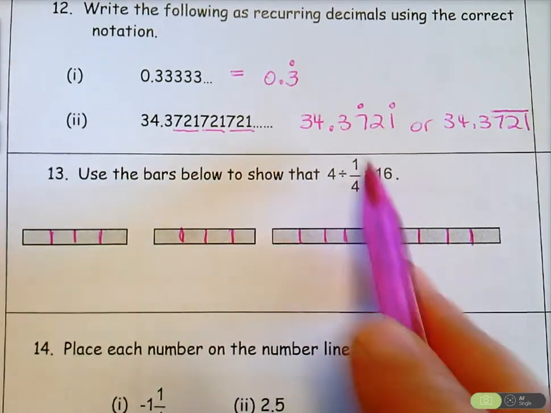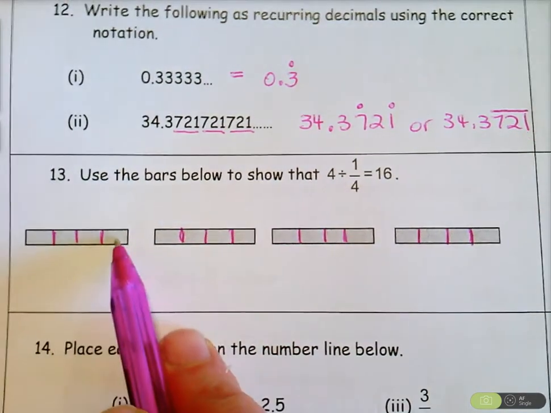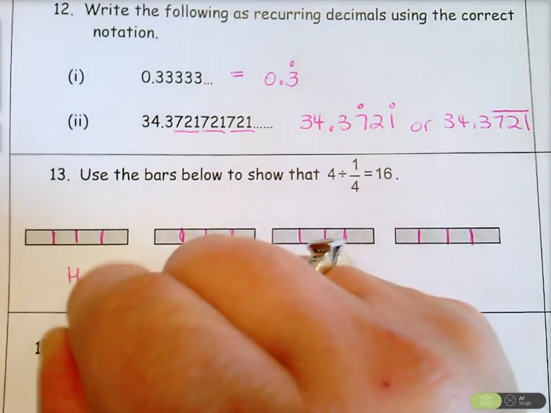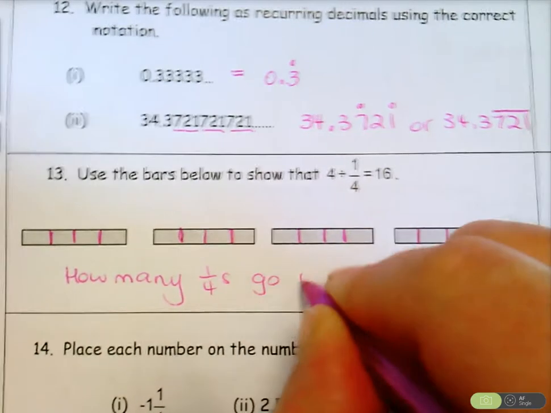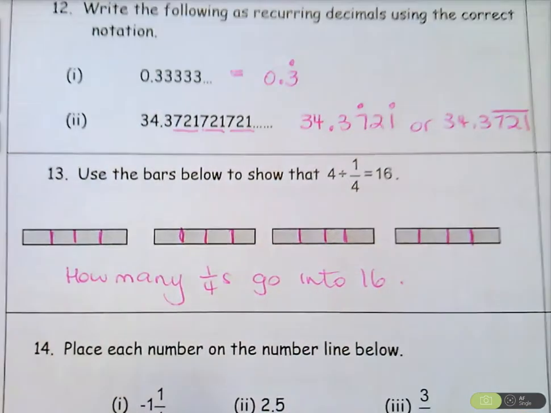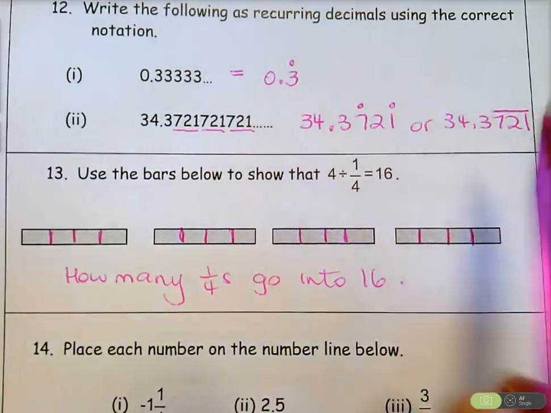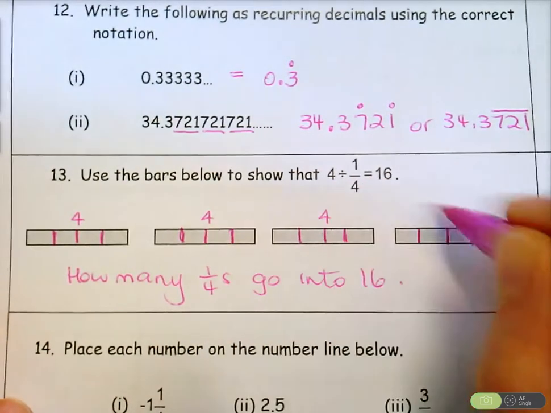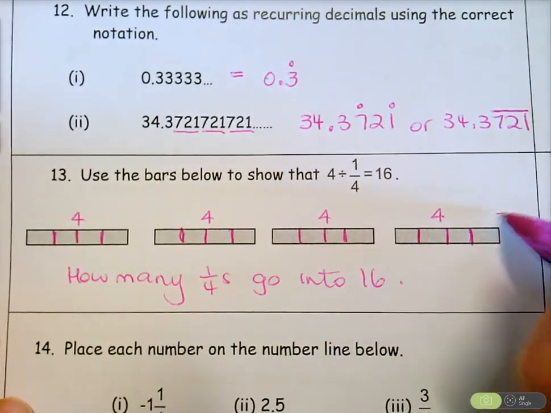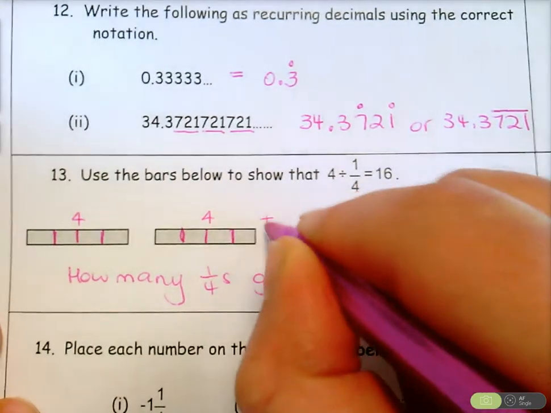I've got 4 wholes and I break them up into quarters, and in each one I've got 4 quarters, 4 quarters, 4 quarters. Total of 16 quarters.